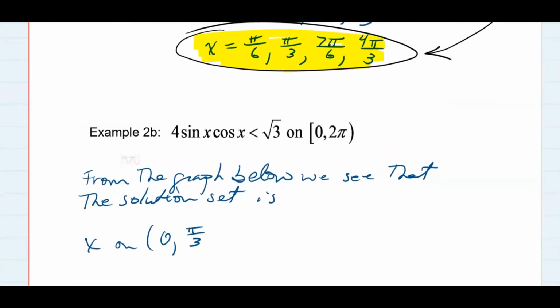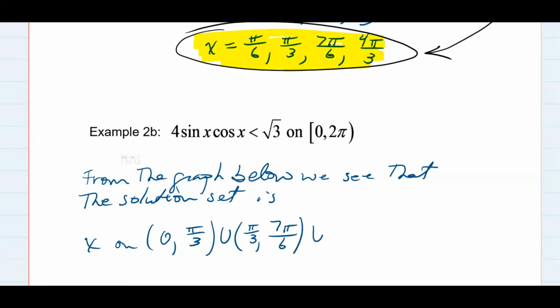And I'm going to just sneak up here and look at the exact values from the solution to the equation. And this is with the union of pi over 3 to 7 pi over 6 in union with from 4 pi over 3 to 2 pi, all open intervals. And this is our solution to the inequality.